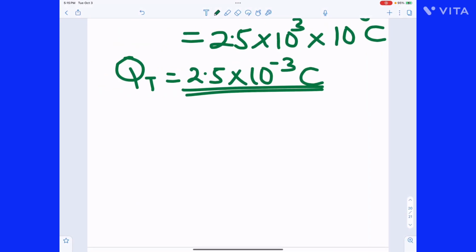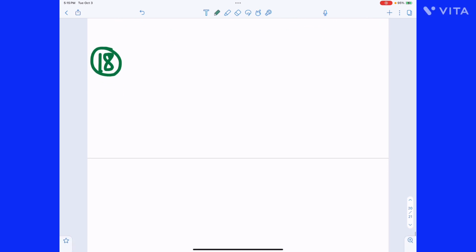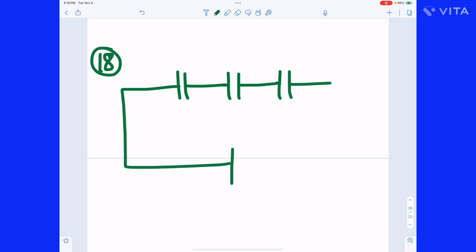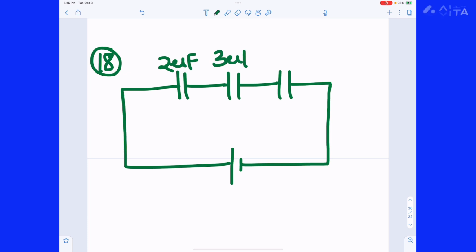Okay, number 18, 236, 12. This is 2 microfarad, this is 3 microfarad, this is 6 microfarad, and the EMF of this source is 12 volts. Is that clear?